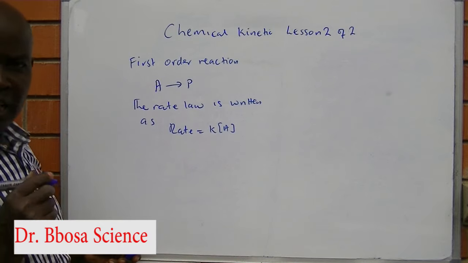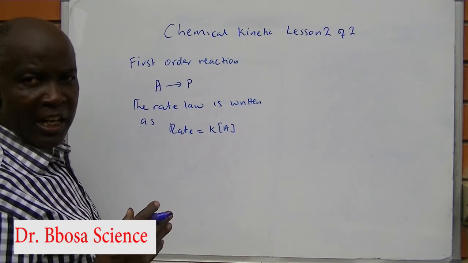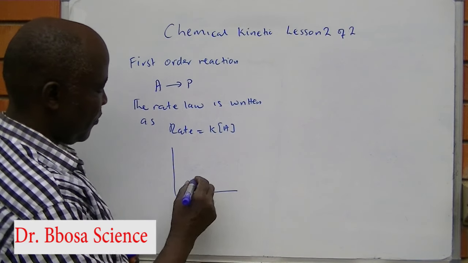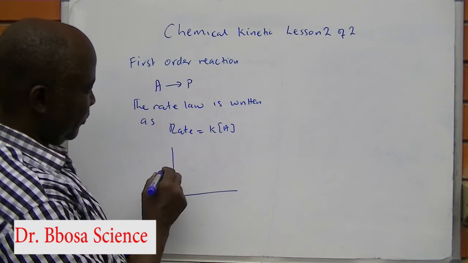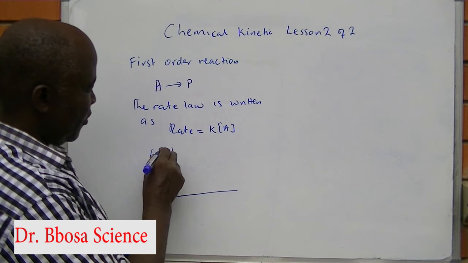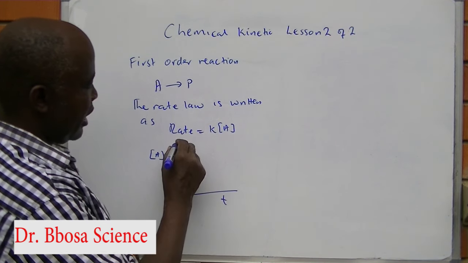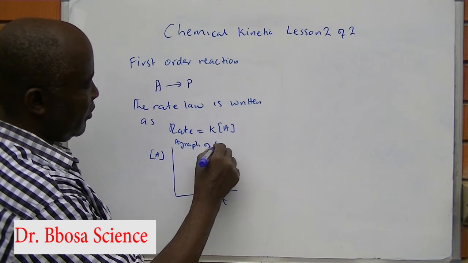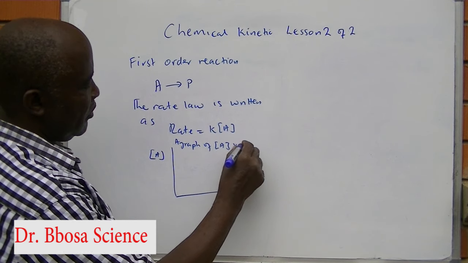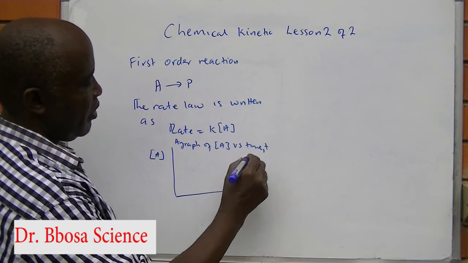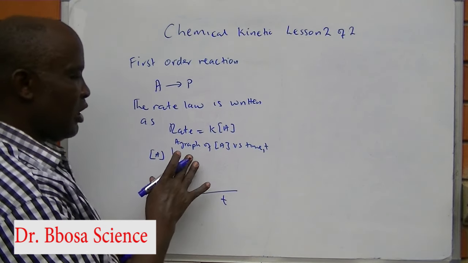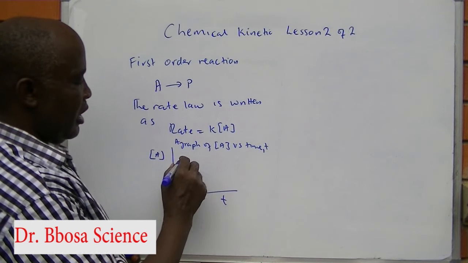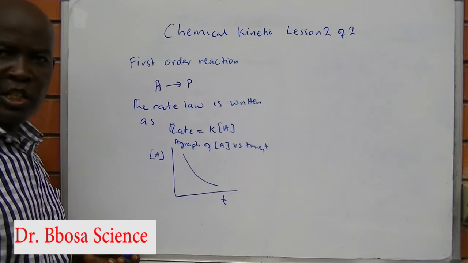How can we tell that a reaction is first order? After carrying out the reaction, we plot a graph of concentration of A against time t, then we get a graph of that shape.